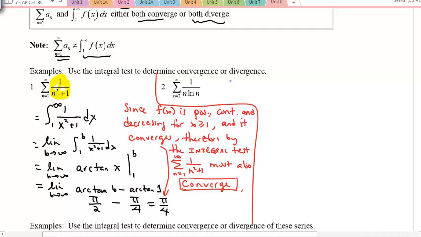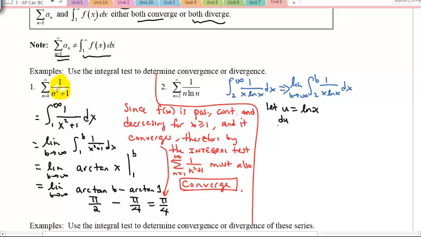I guess I should be comparing it to the integral from 2 to infinity of 1 over x ln x dx. How about now using the limit of b approaching infinity, 2 to b of 1 over x ln x dx. How in the world do I do the antiderivative here? Oh boy, remember substitution rule.